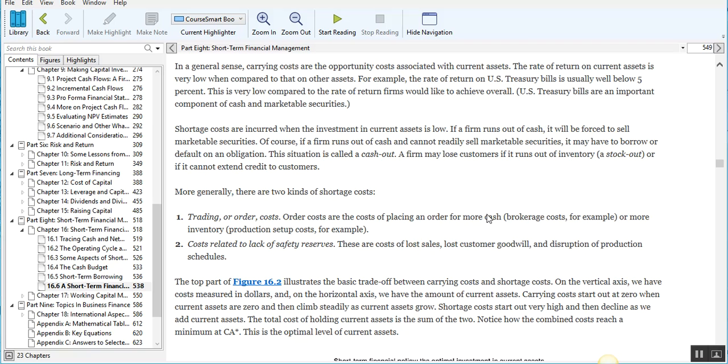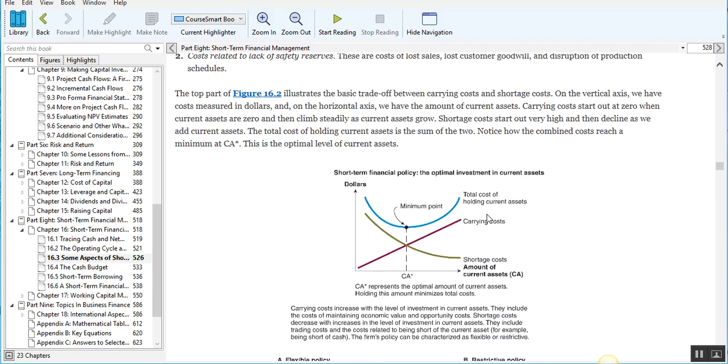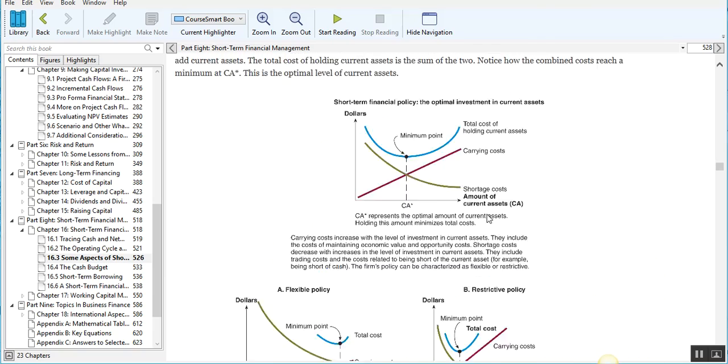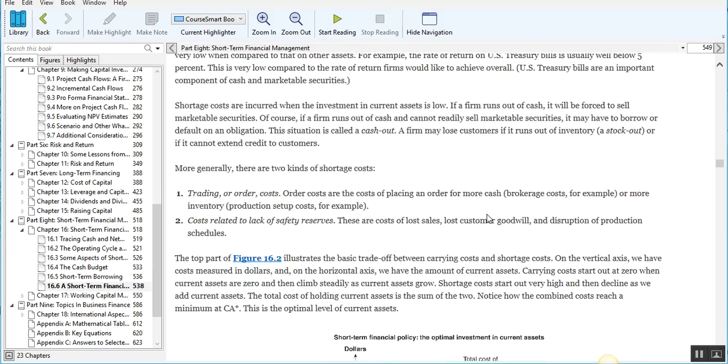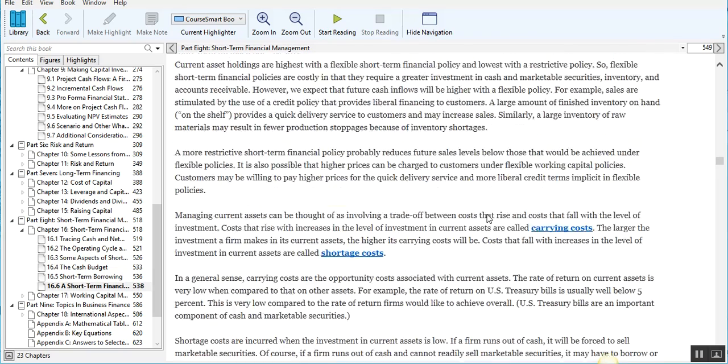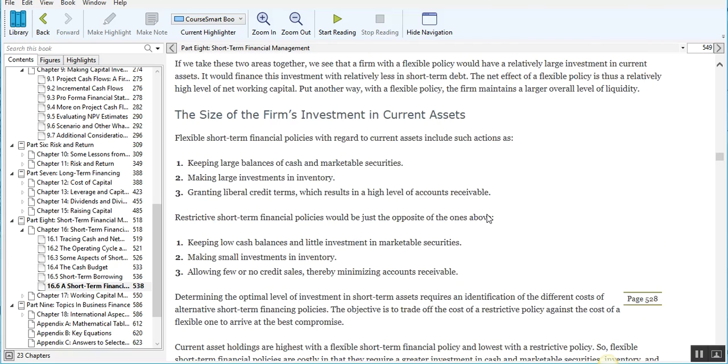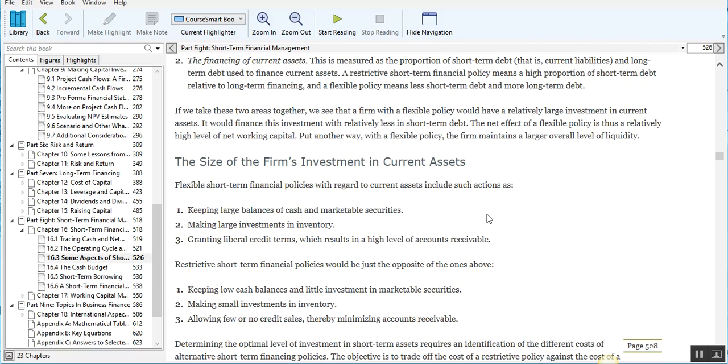What you need to think about here, when they talk about financial policy, is a flexible policy versus an inflexible policy, where you have some flexibility because you don't have a high level of short-term debt.